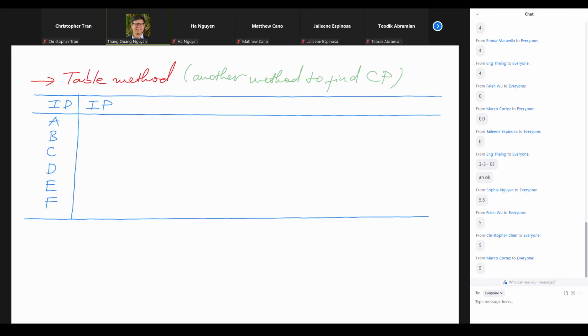I hope you see that logic. So the IP tells us the requirement right before the activity. Right before A, we don't have anything. A can go freely right away, right? B doesn't have any requirement right before it. Another dash here, and then C.